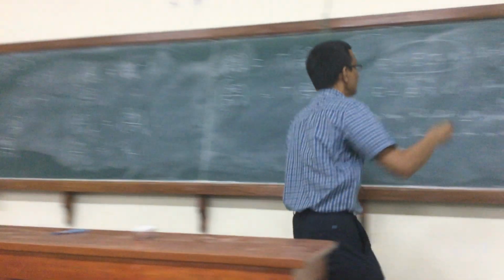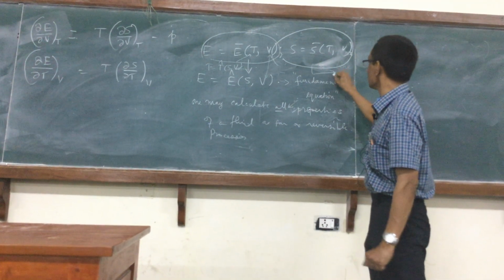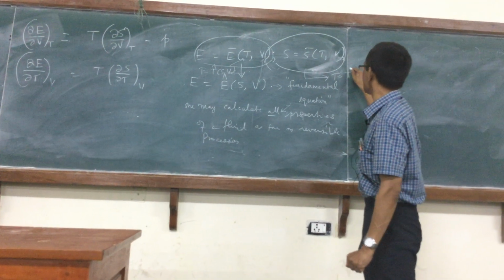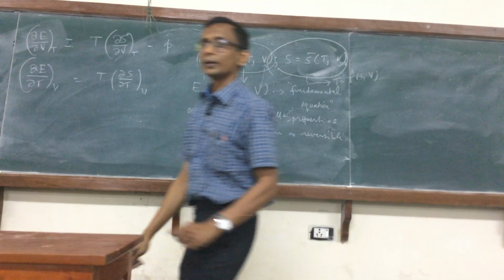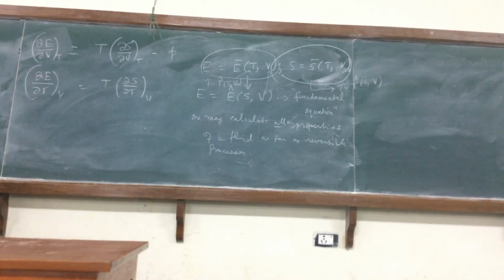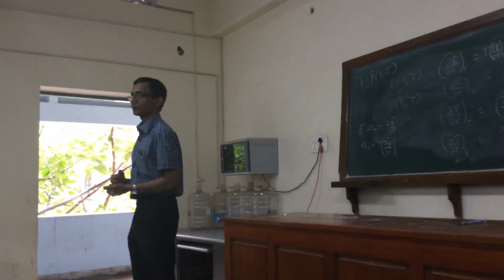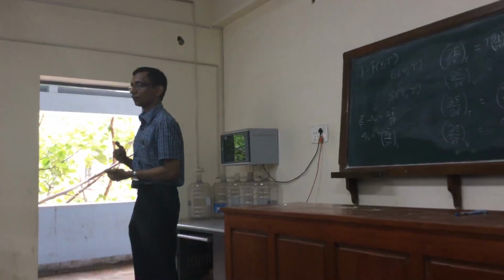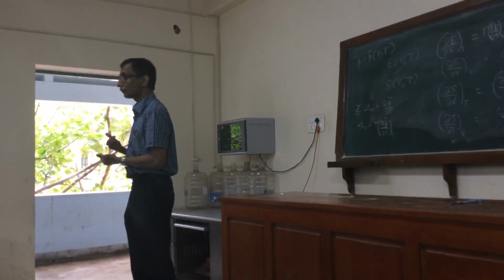And clearly we are given S as a function of T and B. So from this, if I can express T as a function of S and B, then it is possible to express E as a function of S and B. We can also ask then, what are the derivatives of E with respect to S and B?